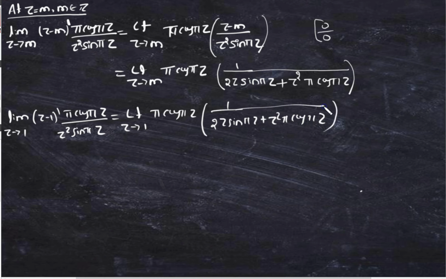Okay, now apply the limit. If z is equal to 1, this is pi into cos pi, and in the denominator sin pi is 0, and z square pi cos pi remains. Here pi cos pi cancels, and it is 1, not equal to 0. Therefore z equal to 1 is a simple pole.